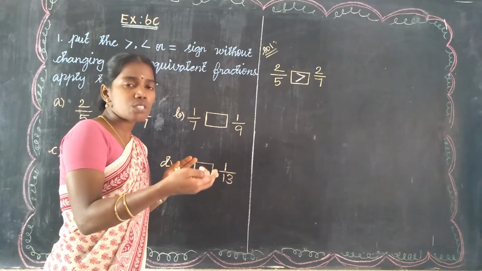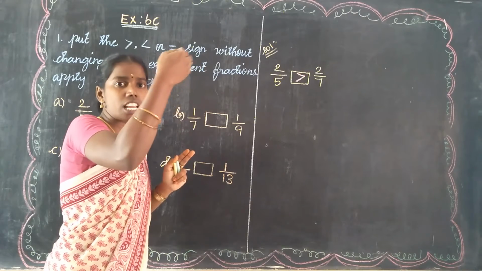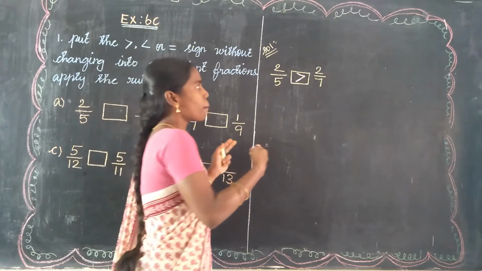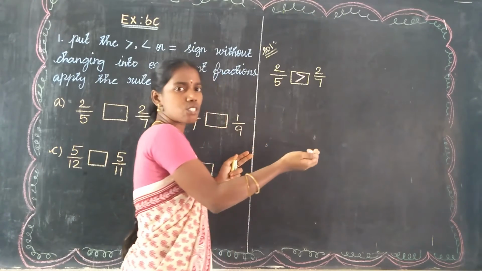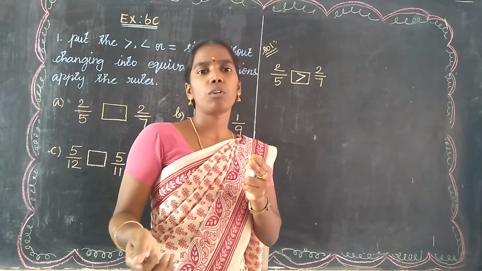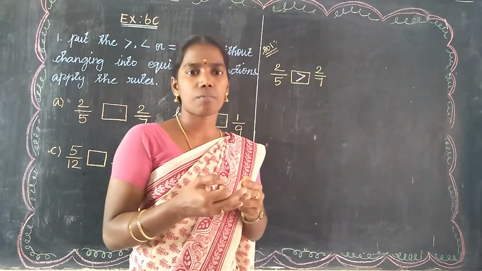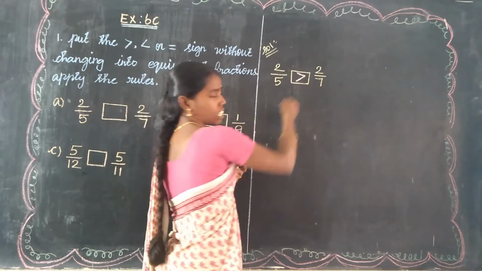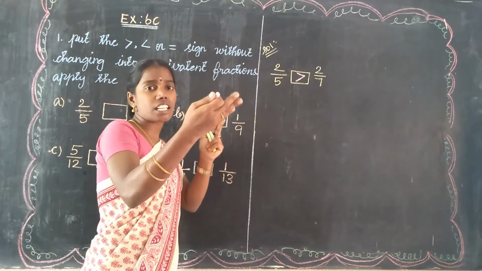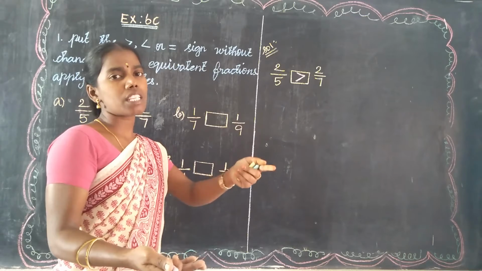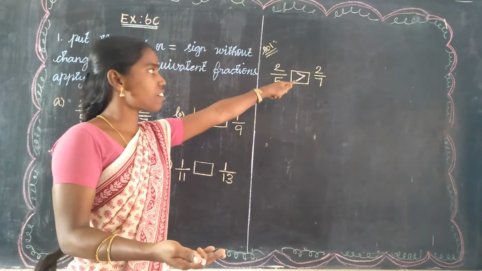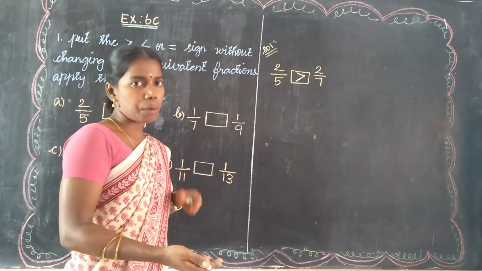When the denominator is higher, the value of the fraction decreases, so the symbol changes. For 2 by 5 and 2 by 7, 7 is the greatest denominator, but since it is a fraction, its value is smaller, so 2 by 5 takes the greater than symbol.